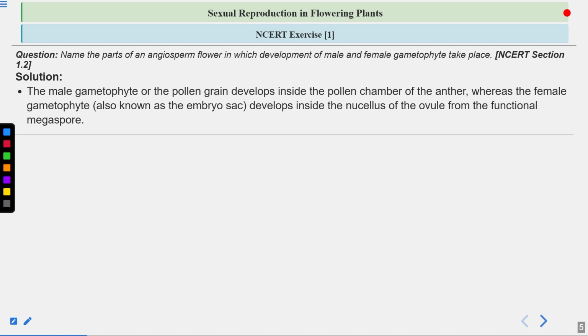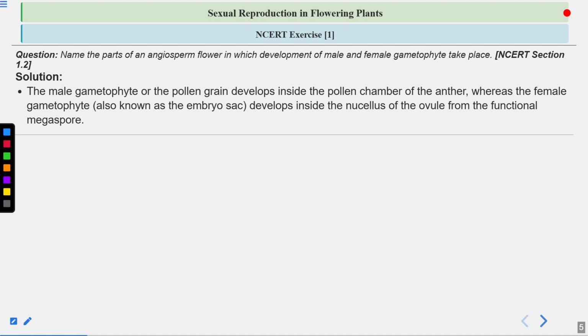And this functional megaspore actually comes from where? One of the nucellus cells undergoes reduction division, or meiosis, and it forms 4 megaspores. Out of these 4, 3 degenerate and only one becomes functional. That functional megaspore gives rise to the embryo sac structure, right?